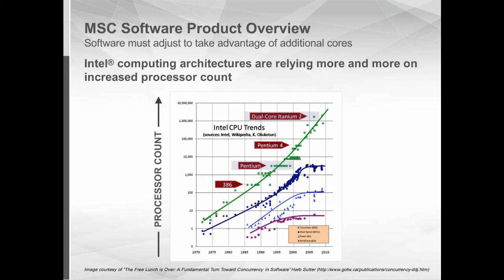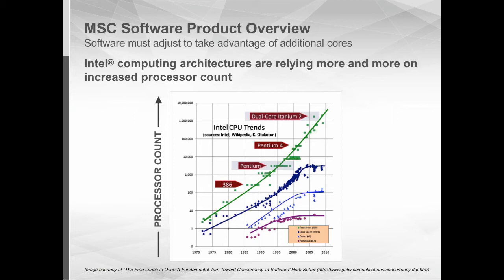As was stated in a 2005 article from a prominent C++ expert, the free lunch is over. The free lunch is, of course, the improvements in software performance due to increased processor speed. Today, we have to understand the hardware trends that were recognized in 2005 and are illustrated in this graph, which is that modern software has to take advantage of the increased core counts on today's CPUs to get speedup.